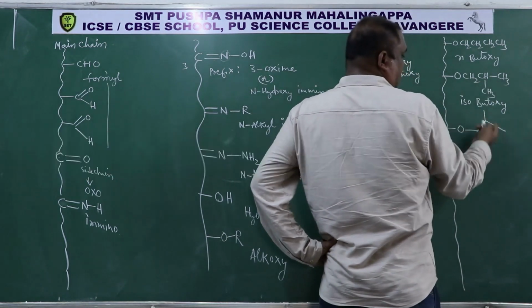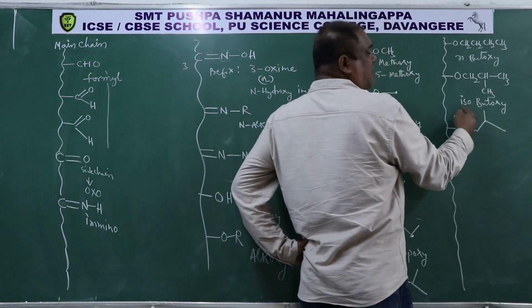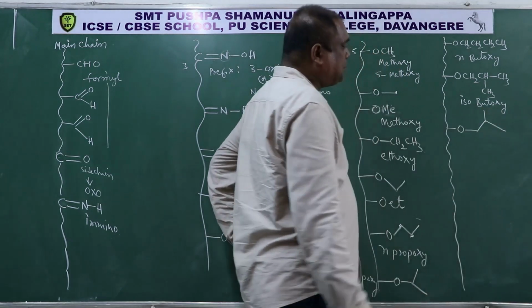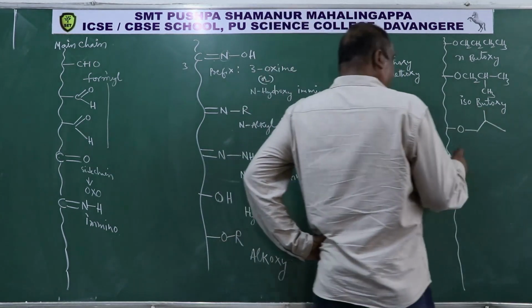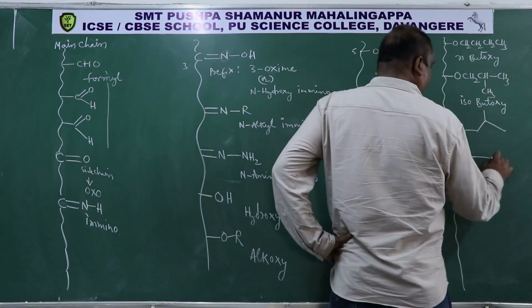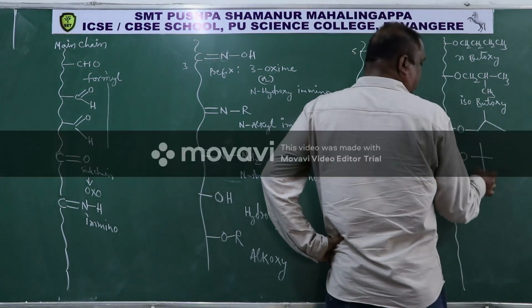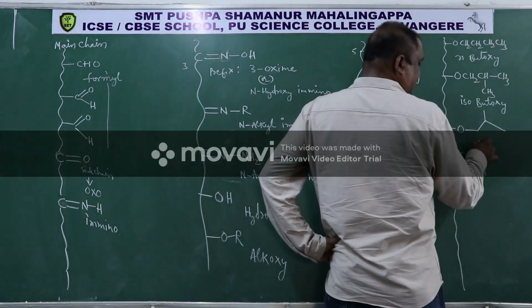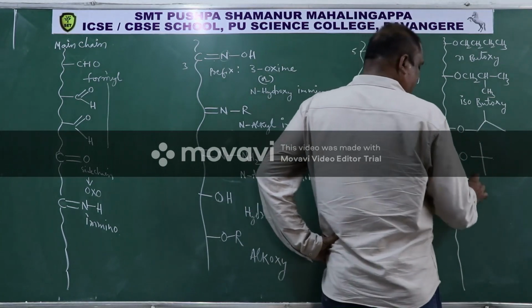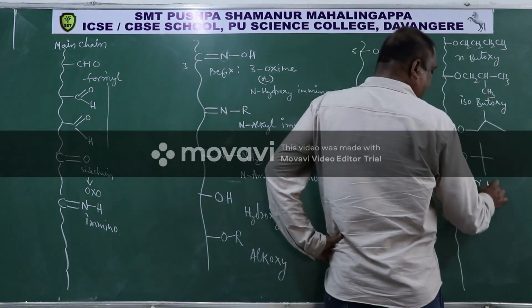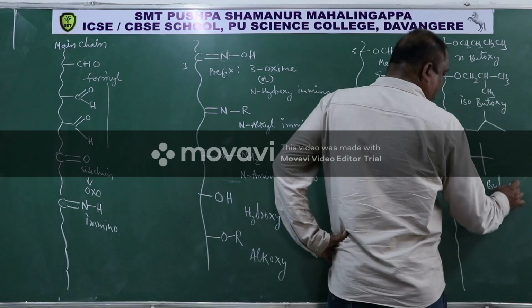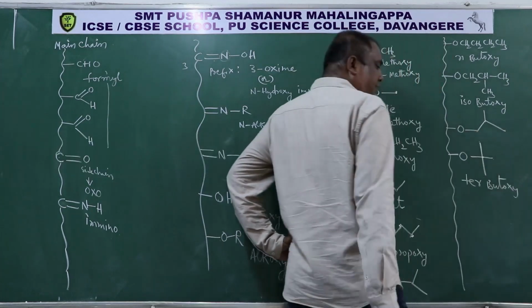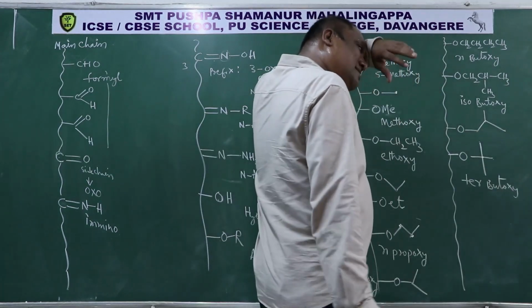This is the bond line notation of isobutoxy. Then O, this is a tertiary butyl group, CH3, CH3, CH3. That's why it is called tertiary butoxy.